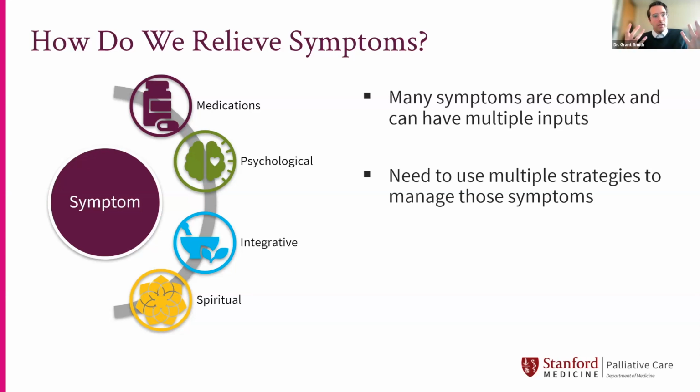And that has to do with psychological and spiritual coping and integrative techniques. We think that for complex symptoms like pain, we need complex solutions that leverage all those different ways of coping. And so that's why we work as a team and how we try to help manage symptoms.